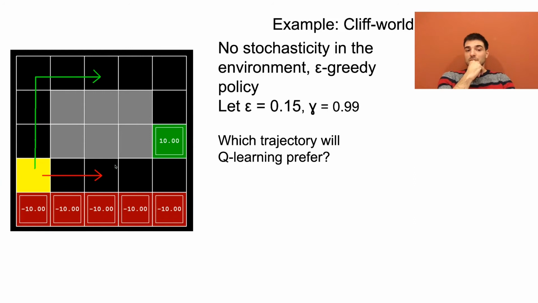I don't know which one you selected, but actually the agent unexpectedly will prefer the red trajectory, while it has really high chance to break itself because of falling into the flames. Because actually we have here the gamma discount factor, so if you just take a look in here, when it goes along this path, then in here we get reward 10, so in here we actually get 0 reward, plus gamma multiplied by the reward in the next state.